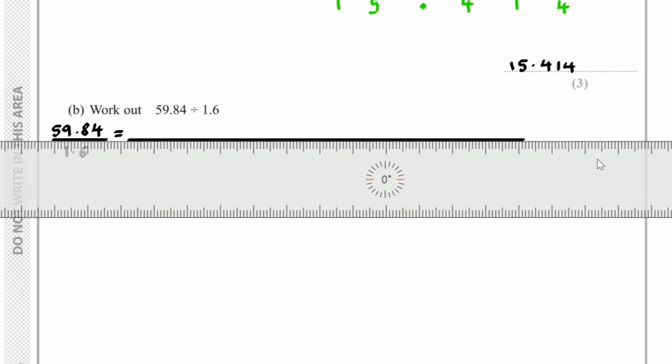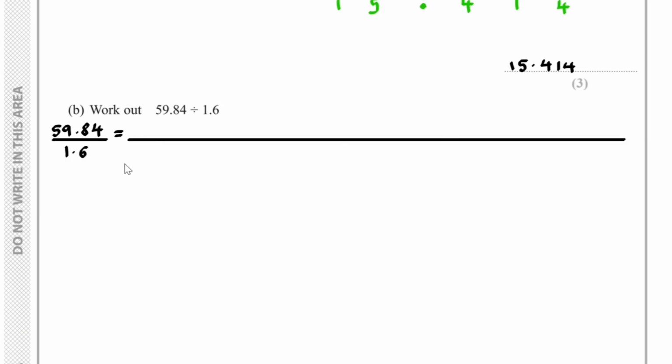And so, working this out, let's multiply by 100 to get rid of the decimals. We have 5,984 divided by 160. And then, because we've got even numbers here, we can divide the top and bottom by 2.